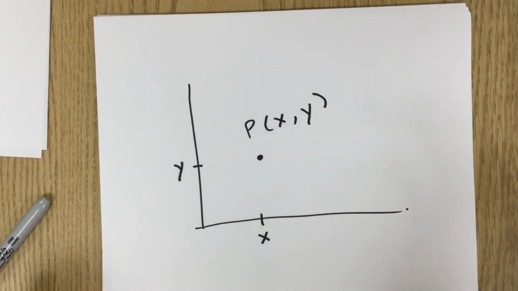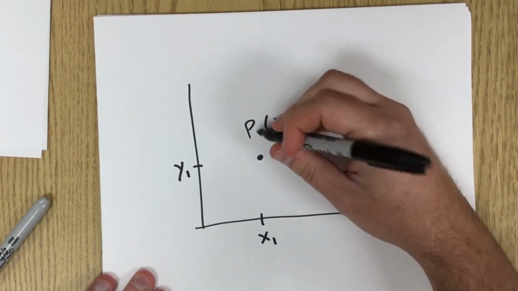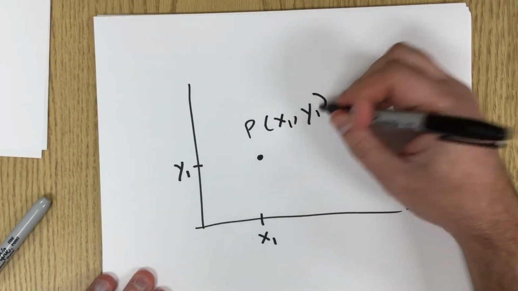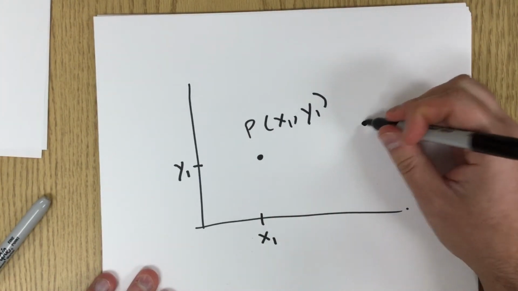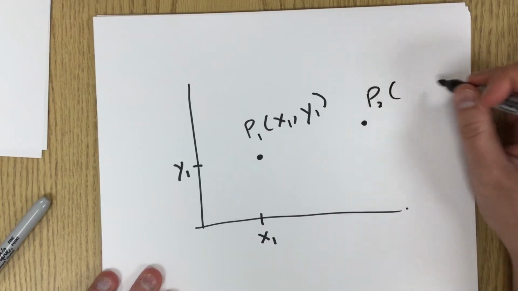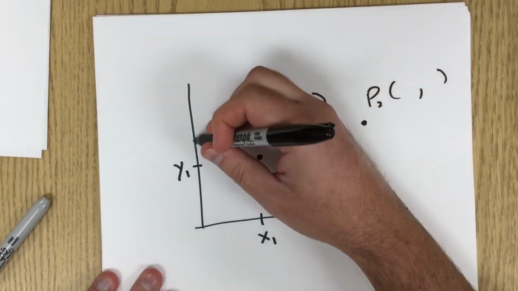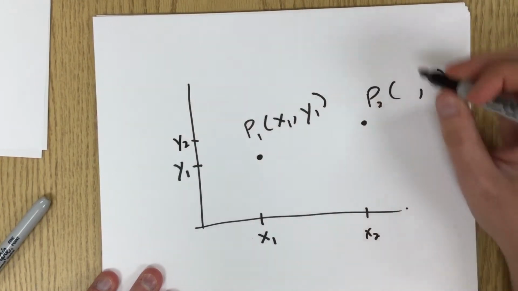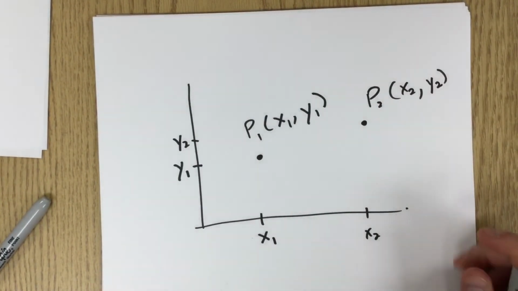Now, just to be more specific, I might say that the first point has a value of x1 and y1, and then we have some other point over here, which has a value of x2 and y2.